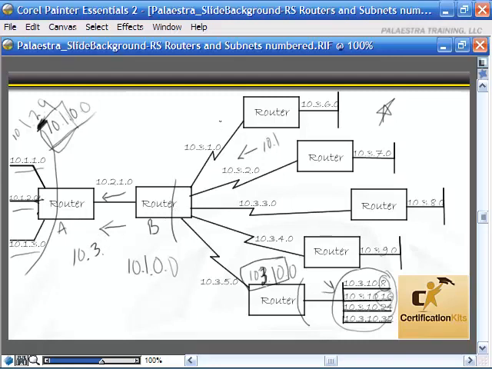So as far as router A goes, all of these subnets over here, as well as the subnets of the 10 subnet, will all just have one routing table entry in router A. That's route summarization. So we're going to take a look at how the different protocols utilize this route summarization.